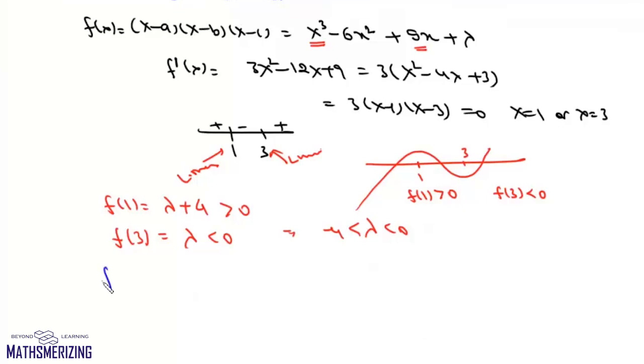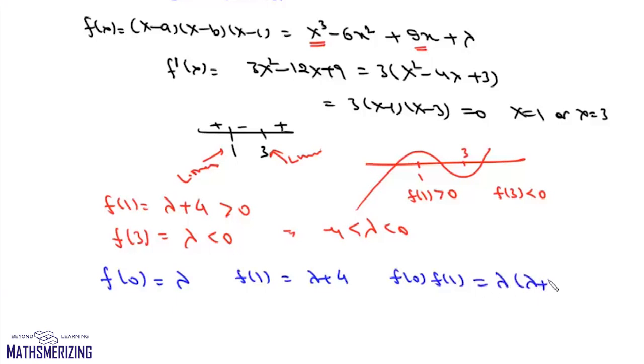Now if we find f(0), it is lambda, and f(1) will be lambda plus 4, then f(0) into f(1) will be lambda into lambda plus 4. Now lambda is negative and lambda plus 4 is positive, so minus into plus is minus.